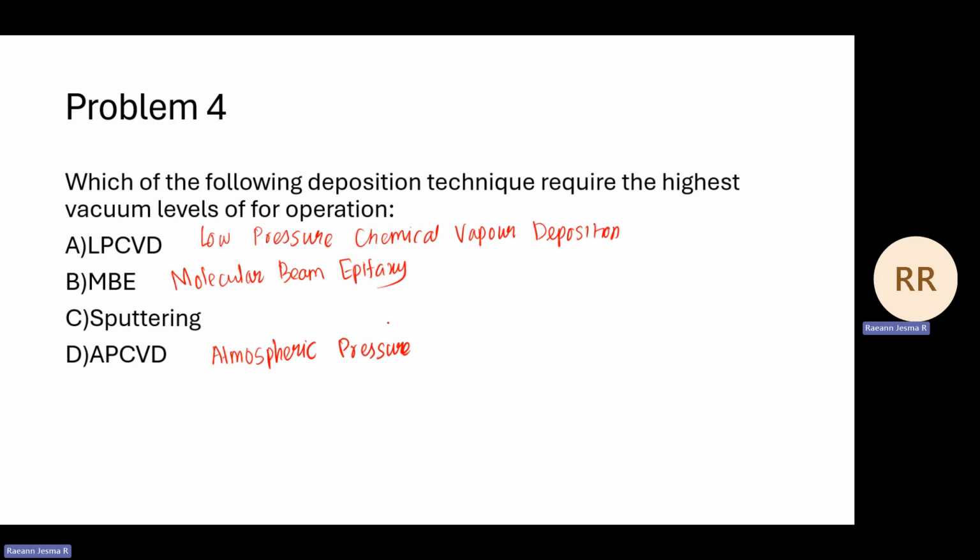So highest vacuum, not highest pressure, highest vacuum. Which one do you think is the correct answer?